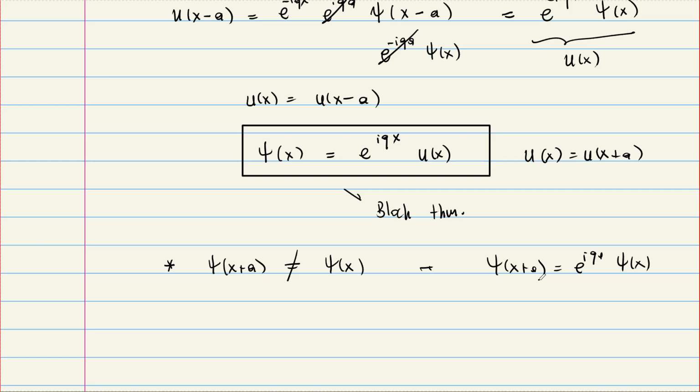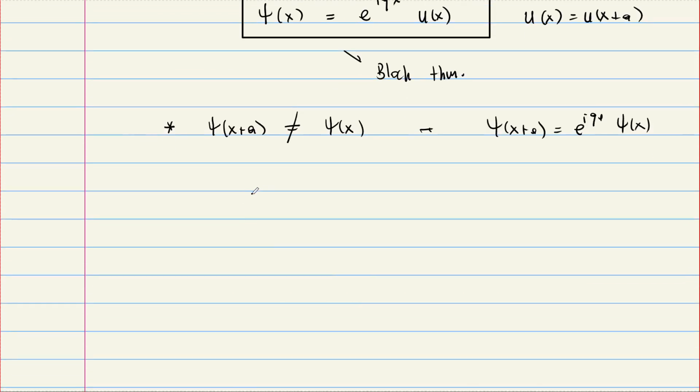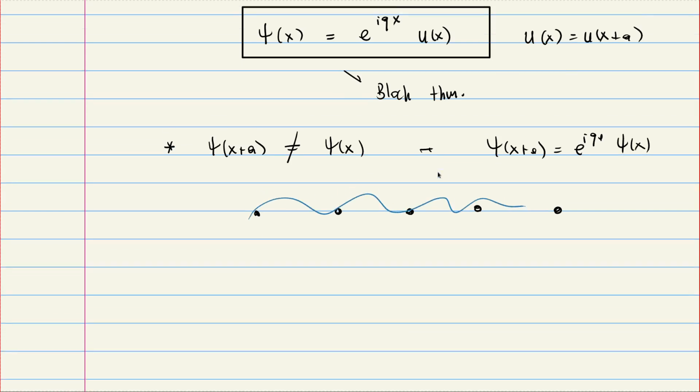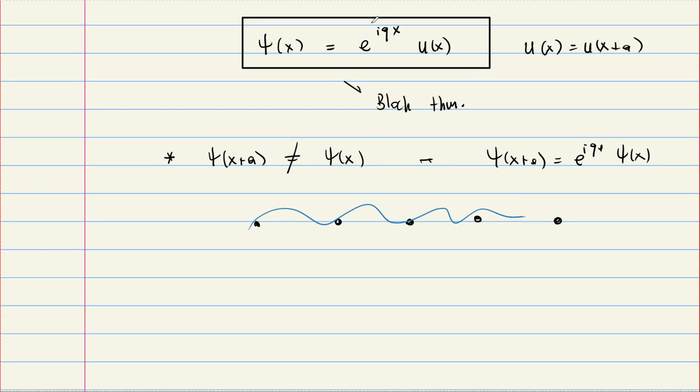And this also tells us something, in my opinion very surprising. In a solid, in a crystal, you have Avogadro's number of ions, millions and millions of ions, and you put an electron here, and somehow the electron still has a wave. It's exactly like a plane wave, but there is some modulation.